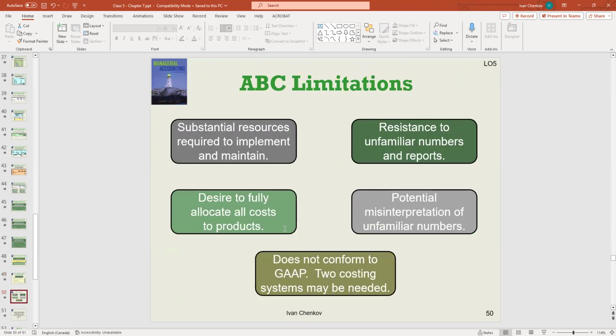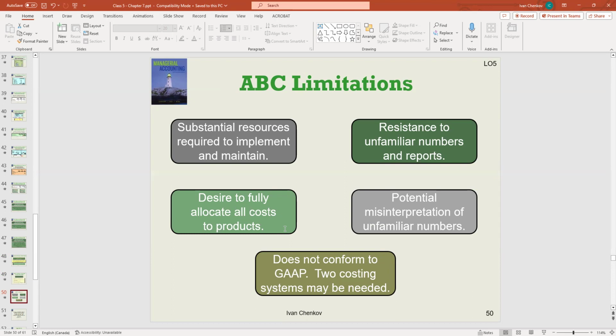What are the limitations? Why? The other reason they're not using it is because substantial resources are required to implement the system first and to maintain the system.